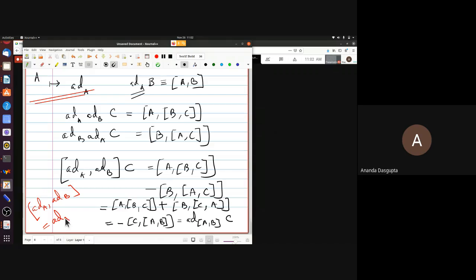The commutator of the adjoint operators, okay, this is also called the adjoint operator, but please don't confuse this with the other adjoints that are often used in different parts of the language. ad A commutator ad B is ad of [A, B].